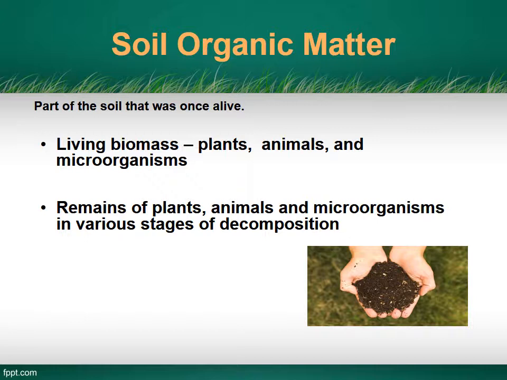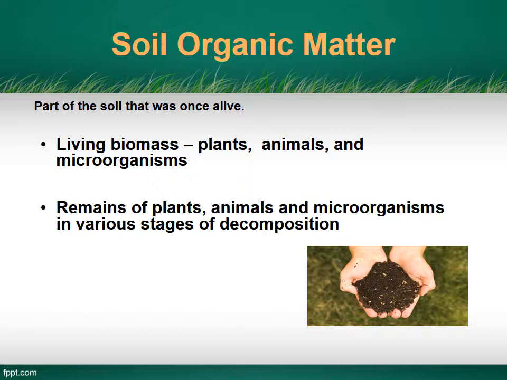Many soils have even less than that. And all you have to do is just go outside and start digging through your soil, put your hands down, pull it up. You'll see sand, but you won't see any organic matter, compost, living biomass, partly decomposed plants, animals, microorganisms. It's just not there.